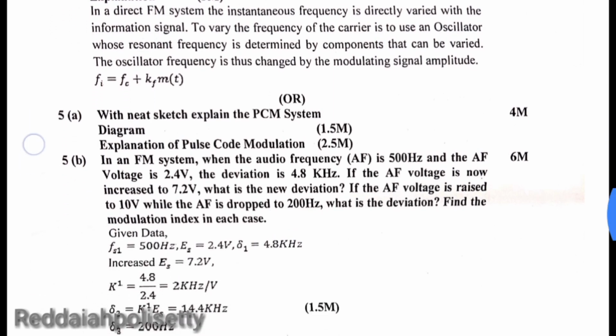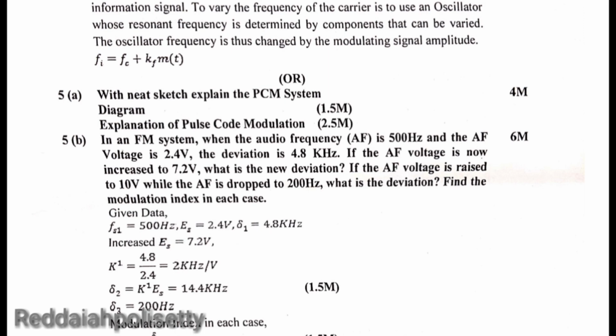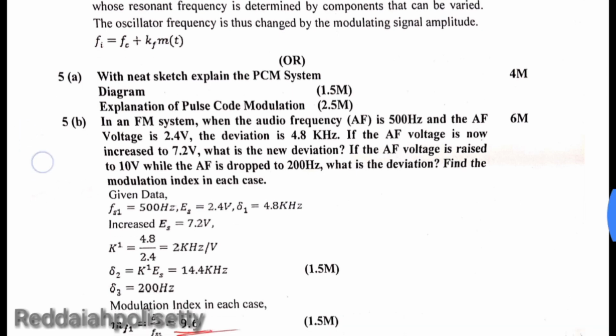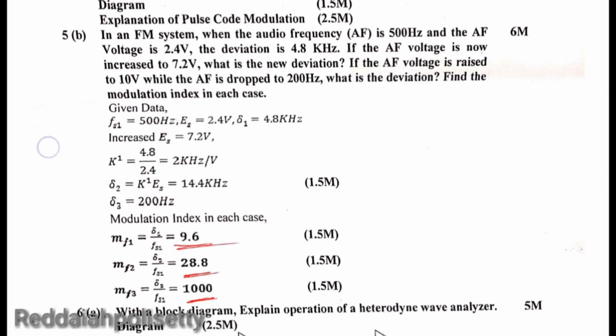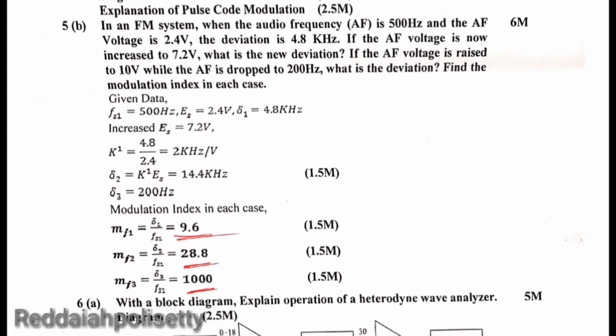With a neat sketch, explain the PCM telemetry system, 5A, that is pulse code modulation telemetry system. You have to explain 5A. 5B is a numerical problem. In an FM system, the audio frequency is 500 Hz and the audio frequency voltage is 2.4 volts. The deviation is 4.8 kHz.